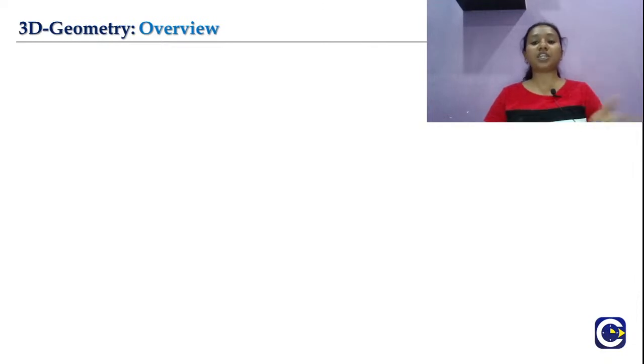The rest of the topics related to 3D geometry will continue in 12th standard, because we'll be doing vector algebra also in 12th standard. So those two topics are correlated, linked to each other. In 12th standard, you will continue the rest of the topics of 3D geometry along with vector algebra.